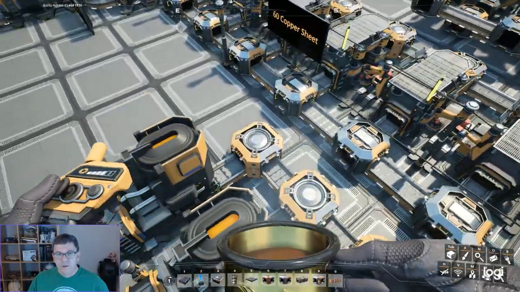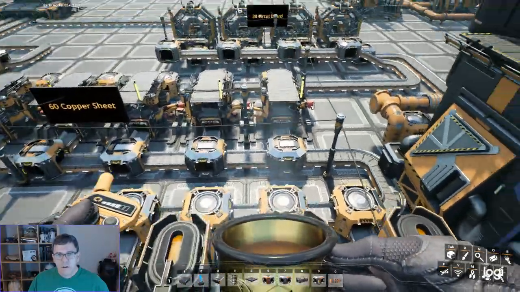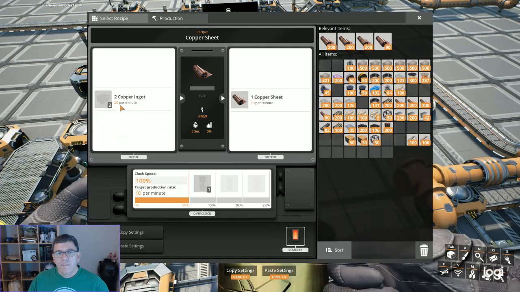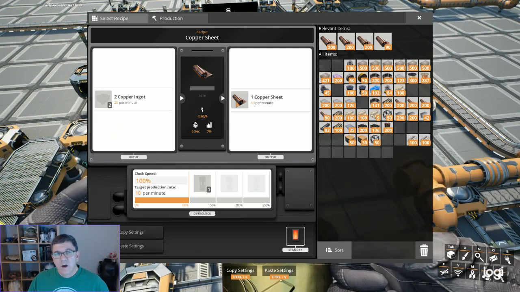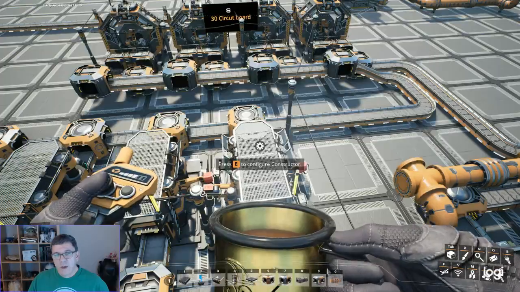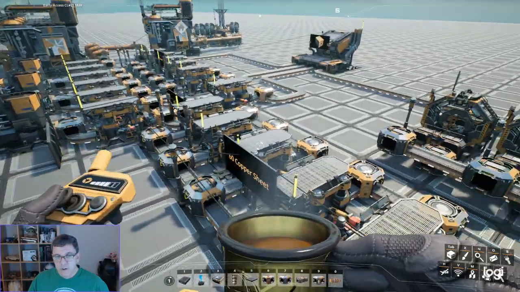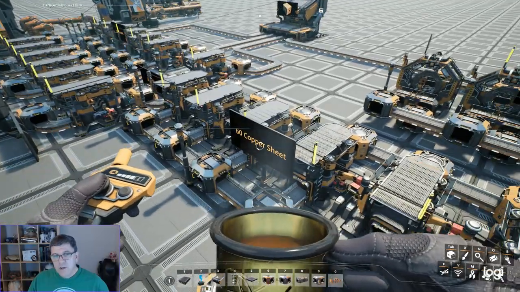Actually, I may have 2 more than I need here. No, 120 copper ingots. Okay. And in order to make 60 copper sheets, we need 120 copper ingots.